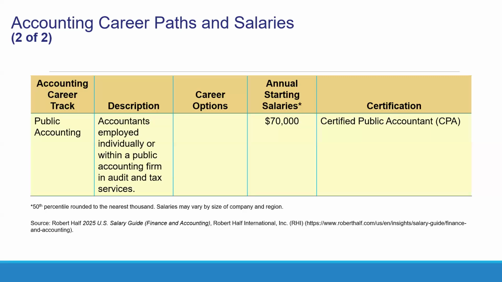If you're working on auditing public companies, you're working during busy season, a lot of hours, but you're also getting to see inside the processes that you wouldn't see if you worked at the business entry level.